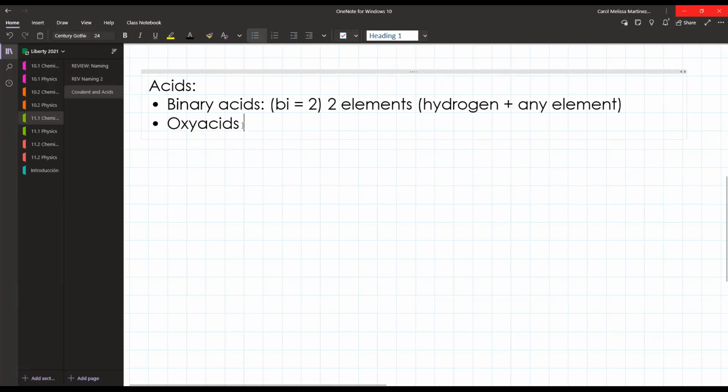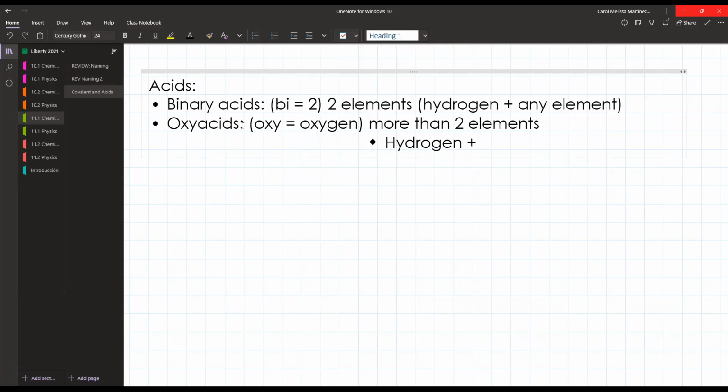And then we have the oxyacids. Oxy is from oxygen, and they have more than two elements: hydrogen, and oxygen and a polyatomic anion with oxygen, okay?